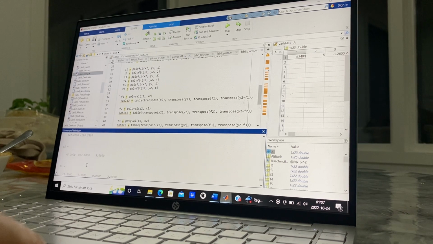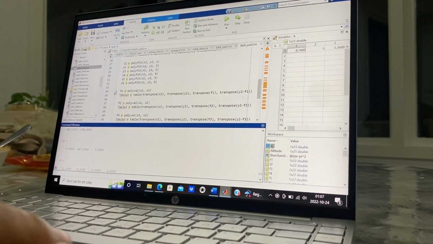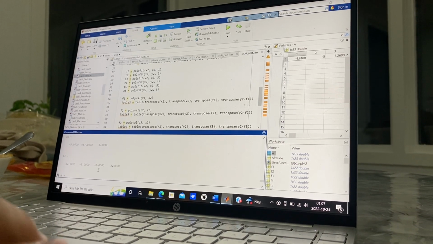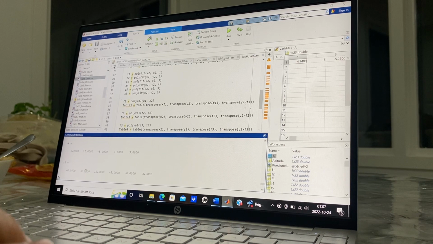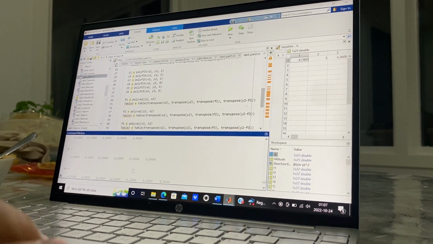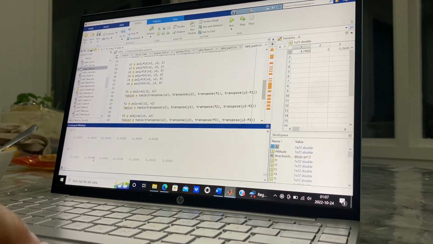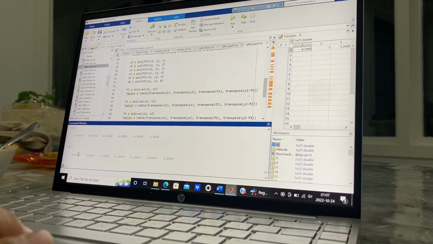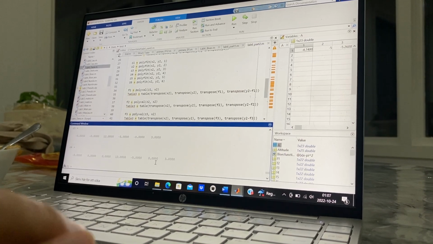The second degree is 3 numbers. The third degree is 4 numbers. The fourth degree is 5 numbers. The fifth degree is 6 numbers. And the sixth degree of the polyfit function to find out the polynomial of degree 6 is giving us 7 numbers.